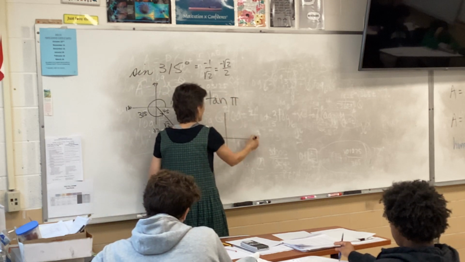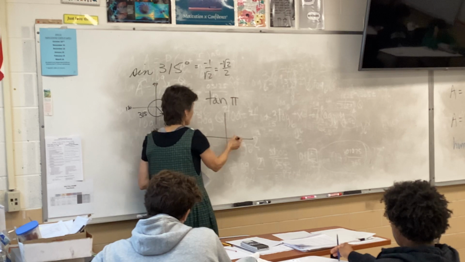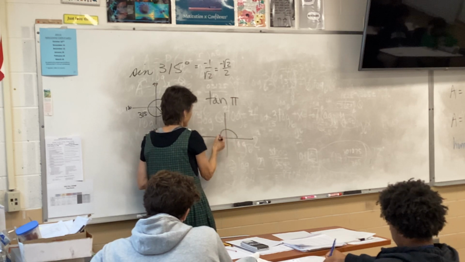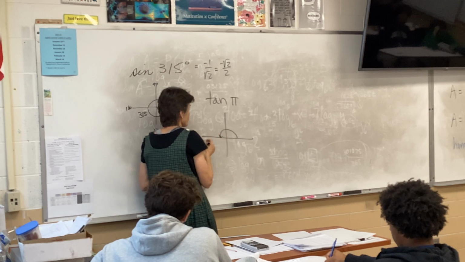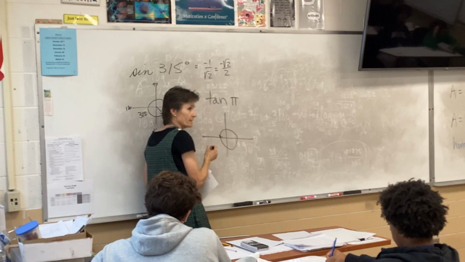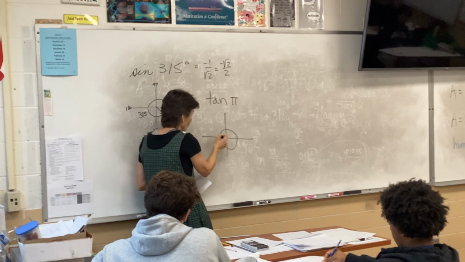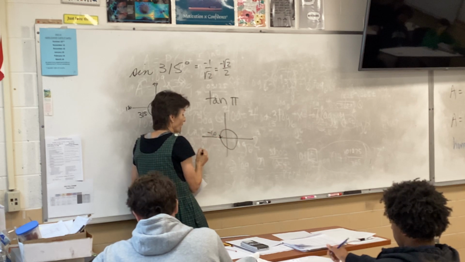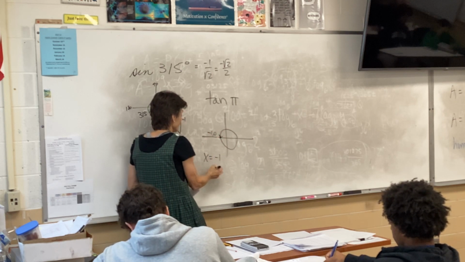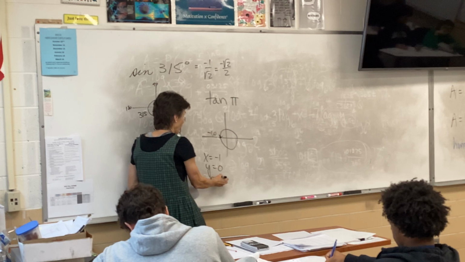Tan pi. Where's that? Where's pi? Pi's 180. So here I am. Well, shoot, I can't really make a triangle, so I'm going to envision a whole circle here. And what would be the coordinates of that point right there? That's the 180 or the pi point. Negative 1, 0. So x is -1, y is 0, r is 1.